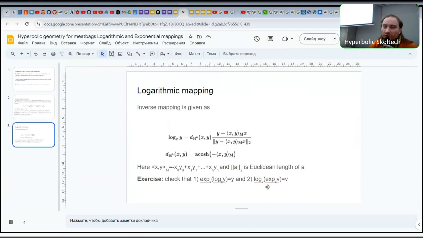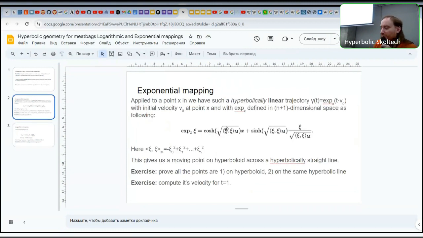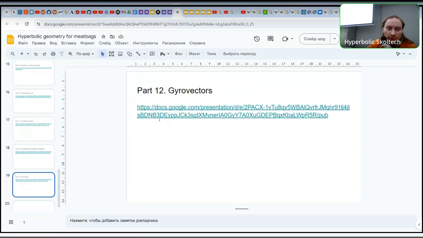So that's kind of obvious. Actually, here you have two points on the same line, and you just get a point on the same line, and here you have the other transformation of this type, and they are probably inverse to each other. Okay. So now let's move on to the final part.